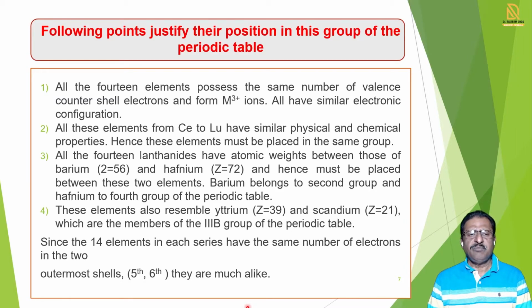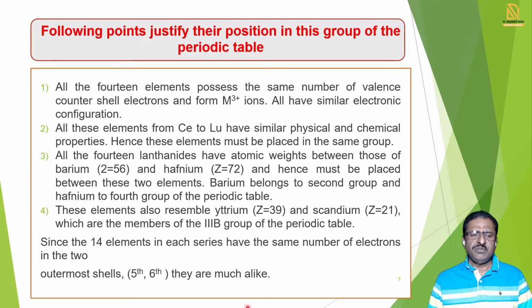So we see the different points that justify their position in this F block or group in the periodic table. For the justification, we say that all these 14 elements possess the same number of valence shell electrons and form M3 plus ions.